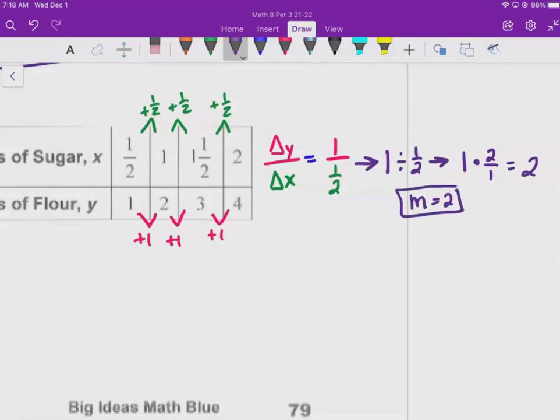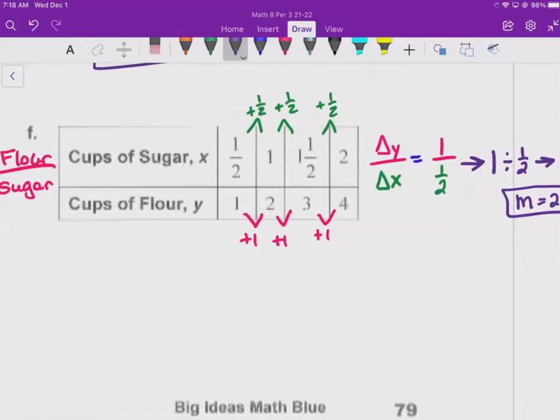All right. Now the second thing is we have to know, does it go through 0, 0? Well, if we continue this pattern, what plus 1 gives me 1? This one would be a 0. And then if we continue this pattern backwards, what plus 1/2 would give me 1/2? Again, now we know we've got our 0.